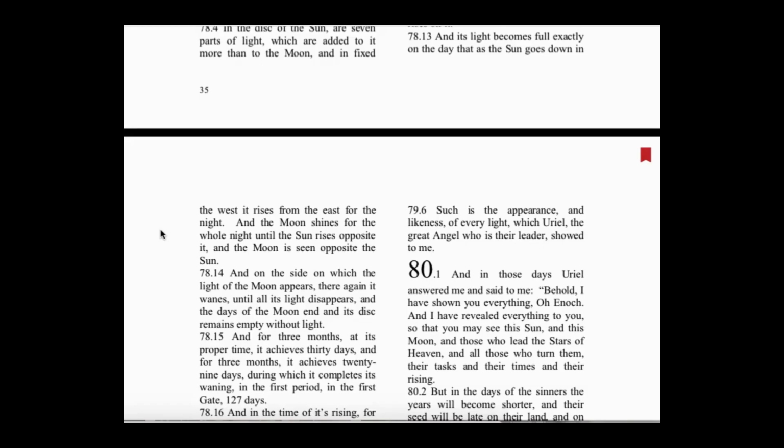Because the sun is much brighter, it's double the light of the moon. So even when the moon is in the same sky, during daylight the sun's light overpowers the moonlight. When the sun goes down, at nighttime, the moon is the only light in the sky. So that's why it shines for the whole night until the sun rises opposite it.